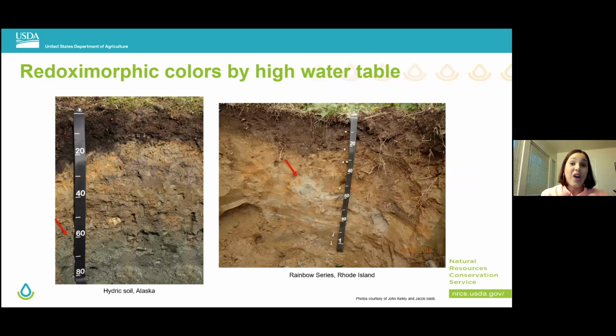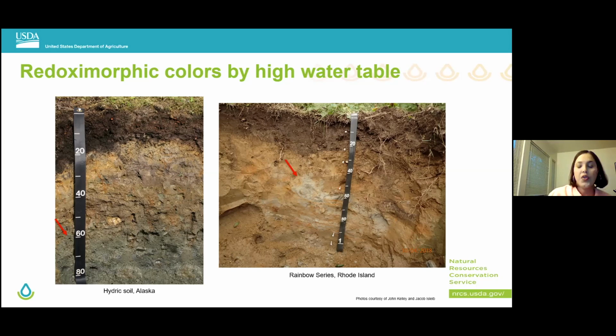So what else do we have under the topsoil other than colors? Oh, I'm sorry, we still have more colors. Here we have examples of redoximorphic colors in a profile when the water table is high. If you look at the soil profile on the right, those colors are more brownish. But then under 40 centimeters, you have a gray spot. But that gray spot is not uniform. It's not covering the whole layer.